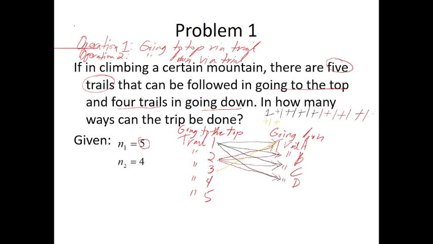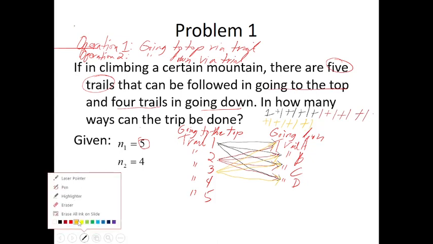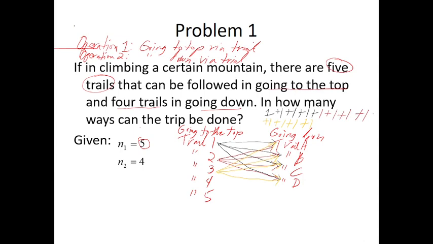Plus trail 3 to trail B, trail 3 to trail C, trail 3 to trail D. Next, trail 4 to trail A, trail 4 to trail B, trail 4 to trail C, and trail 4 to trail D.